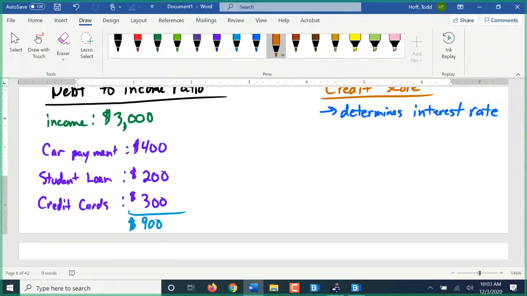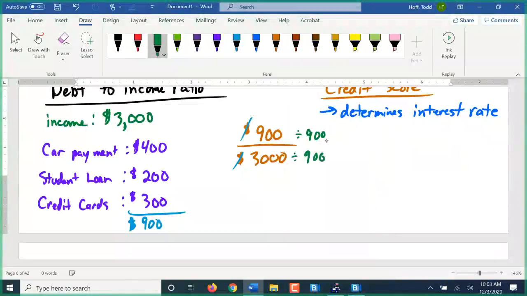So anyway, here is our debt to income ratio. We have $900 in debt, $3,000 in income. Notice that the dollars divide out. I'm actually going to divide by the top number to reduce it.